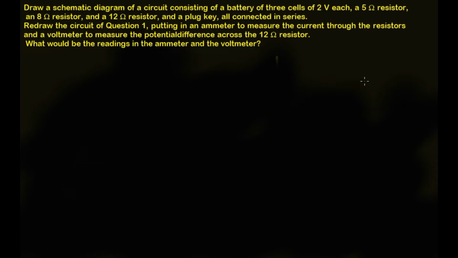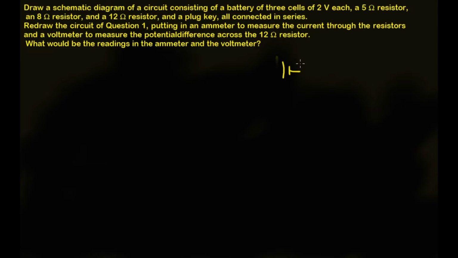Okay, we'll start with the first part of the question, that is to draw a circuit diagram which consists of a battery of 3 cells of 2 volt each. So this is cell 1.